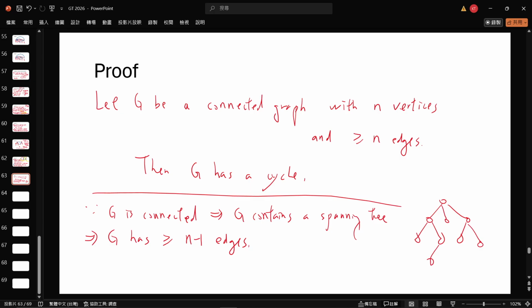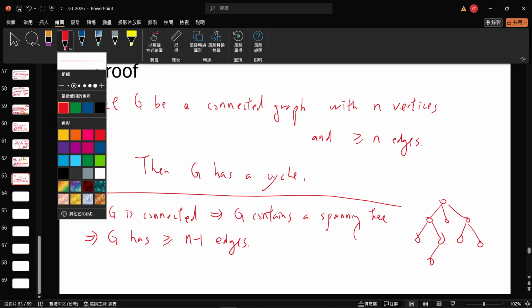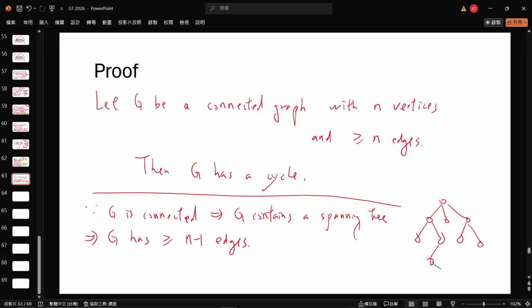A very important observation is that if you have a tree and you add any edge to this tree, you'll create a cycle. For example, you can add this one, then you'll get a cycle.